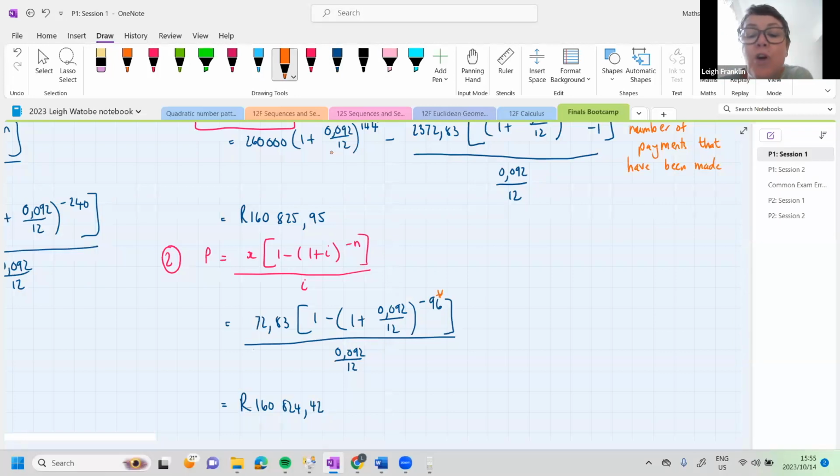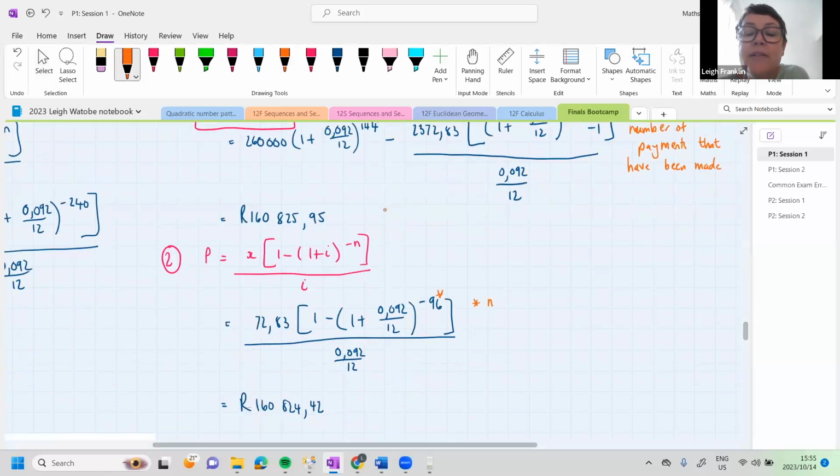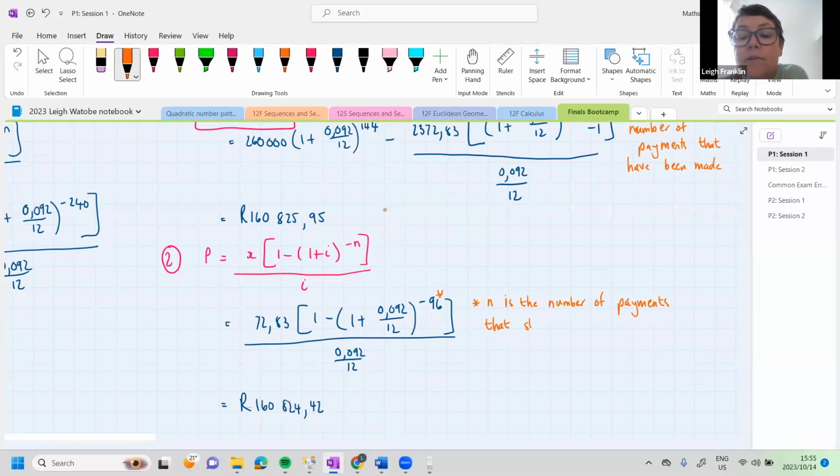Okay, so I'm just going to put a star there for you, and I'm going to say here, N is the number of payments that still need to be made.